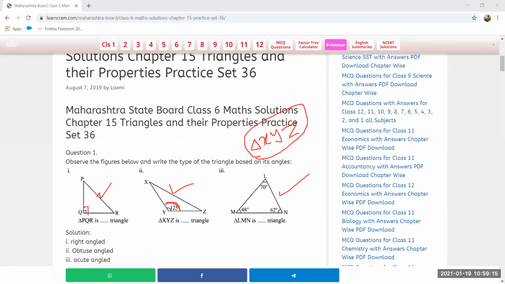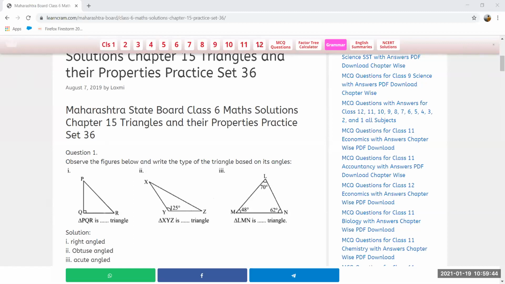Now move to the next question. This is question number 1. These types of triangles are based on the measurement of angles. Triangle PQR is a right angle triangle, triangle XYZ is an obtuse angle triangle, and triangle LMN is an acute angle triangle.